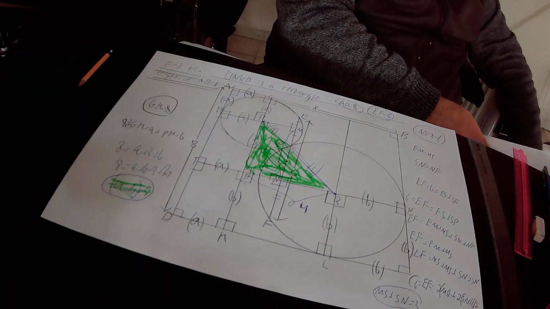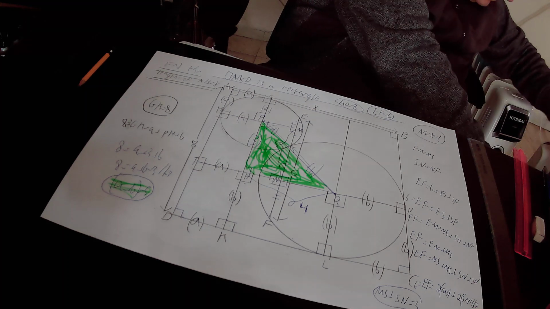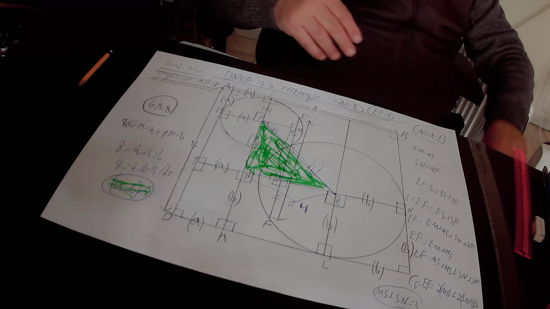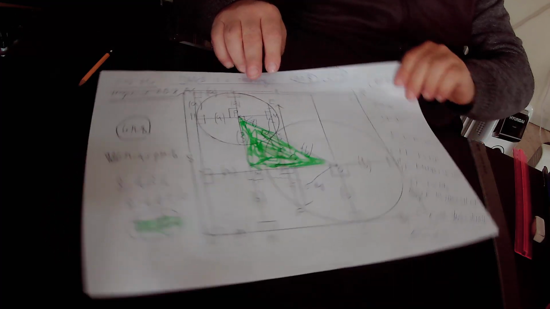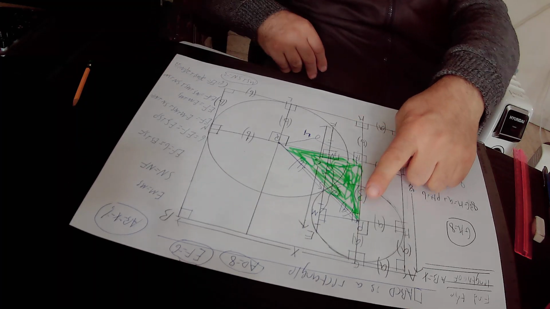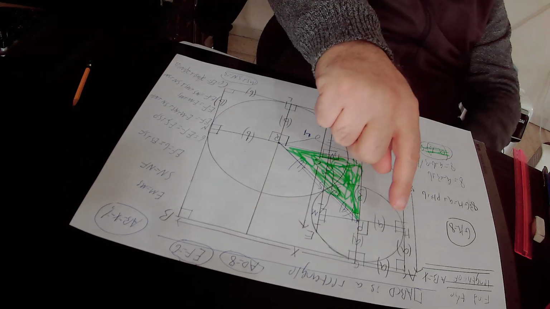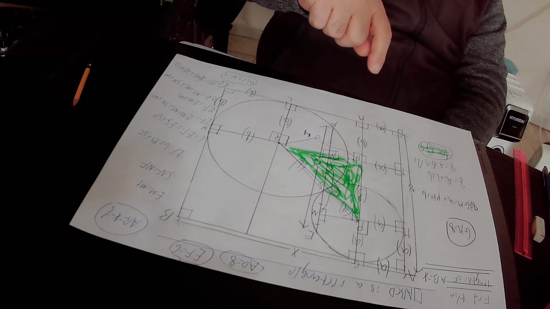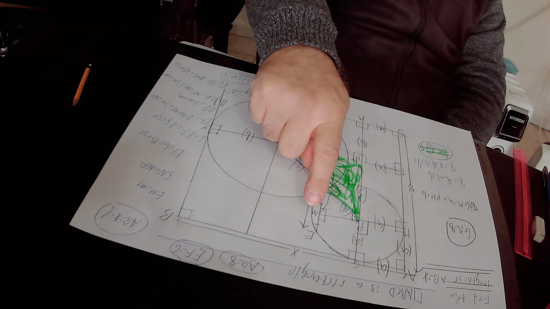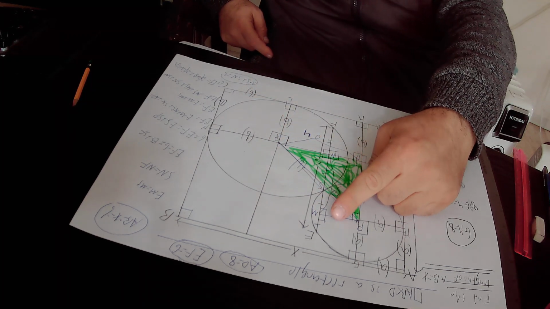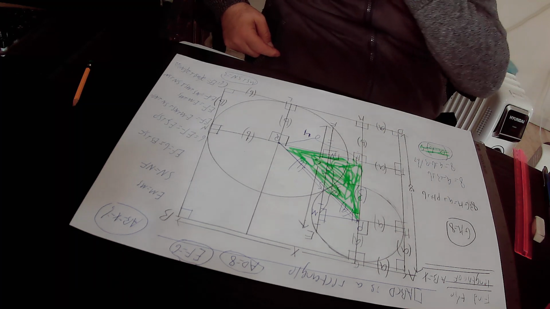Why? Because in our drawing, from point P, that is the center of this small circle, we draw a perpendicular on chord ES. So this angle equals 90 degrees and this angle equals 90 degrees according to our construction.